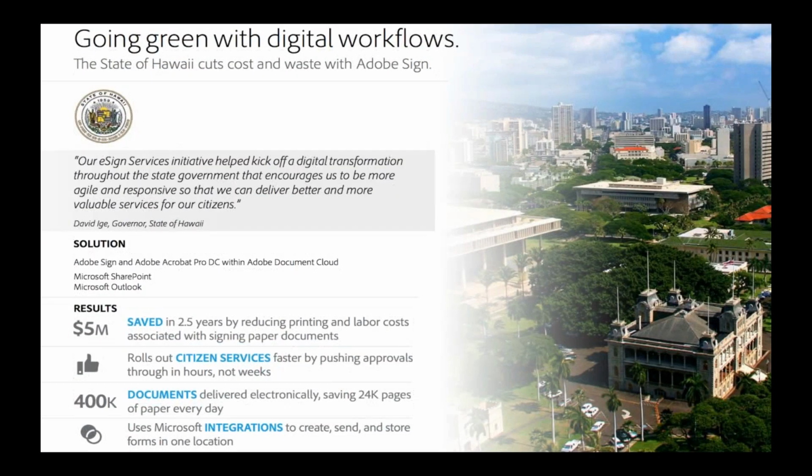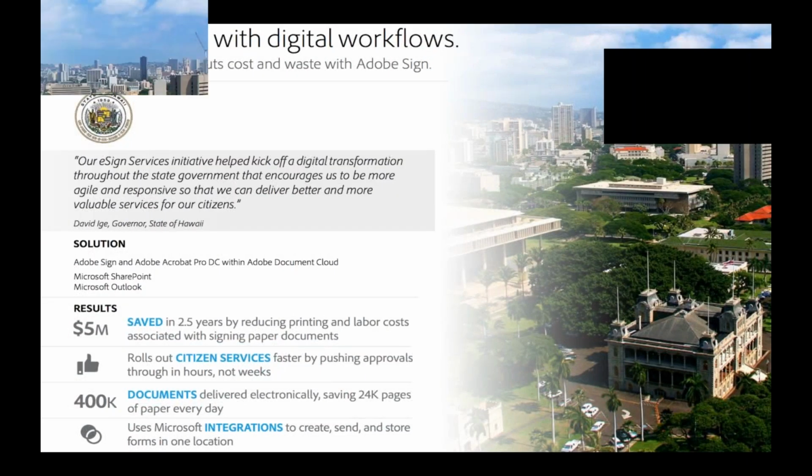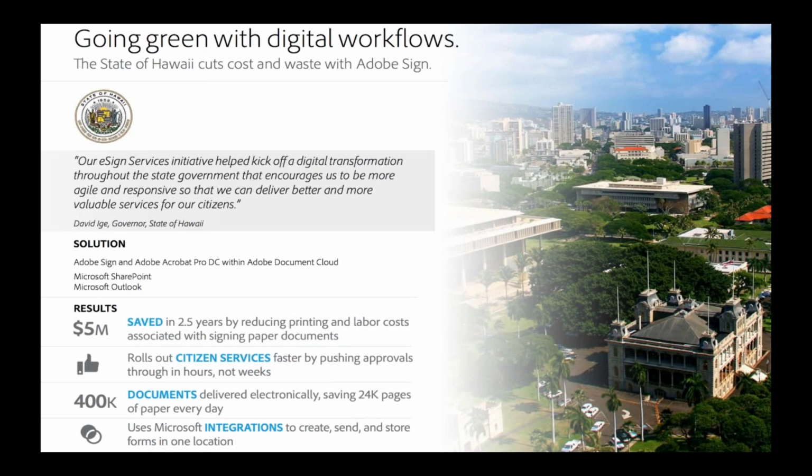Okay, briefly, couple of things that we have seen. First one is the state of Hawaii. So basically, they brought in Adobe Sign and a services initiative that they're taking across all the departments of their government. And so they saved $5 million in about 2.5 years by reducing printing and labor costs.